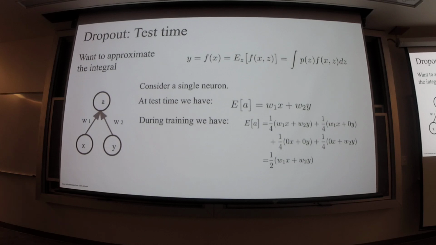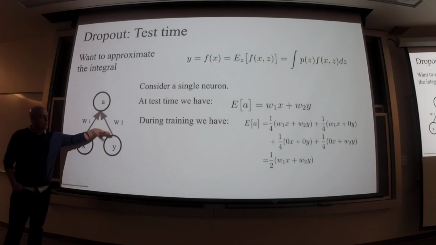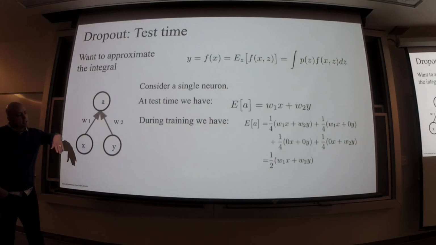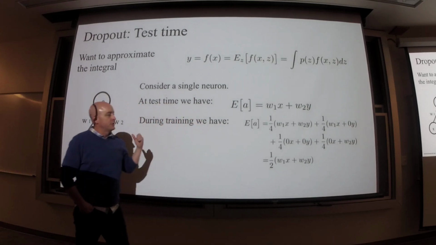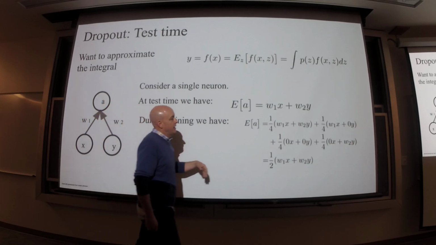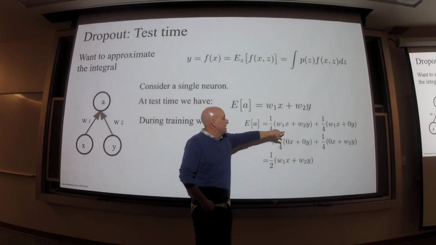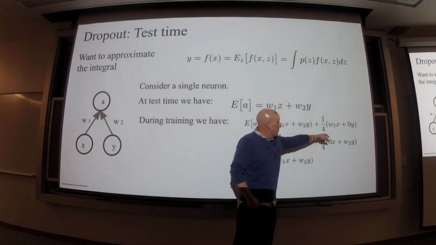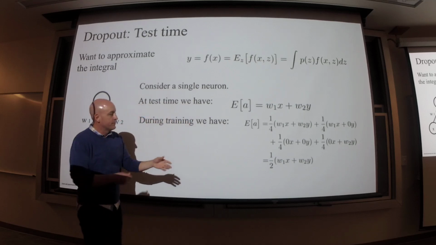But during training, remember we had some probability of dropping one or both of these weights out. In this case, we're using 1/2 as the probability of dropping the weight out, so there's a 1/4 probability that we didn't drop either, a 1/4 probability that we dropped out the second, a 1/4 probability that we dropped out the first, and a 1/4 probability that we dropped out both.